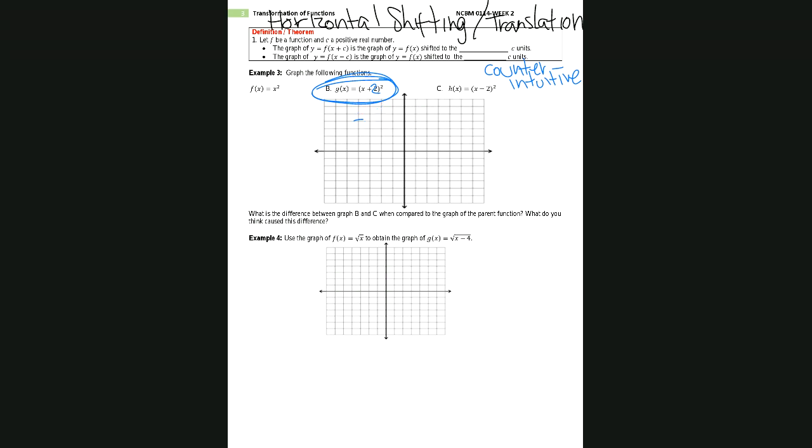Okay, so let's go ahead, and we already graphed the parent function for x squared, I believe. For this one, so it will be 0, 0, 1, 1, 2, 2 squared is 4. And then this one also reflects across the y-axis.